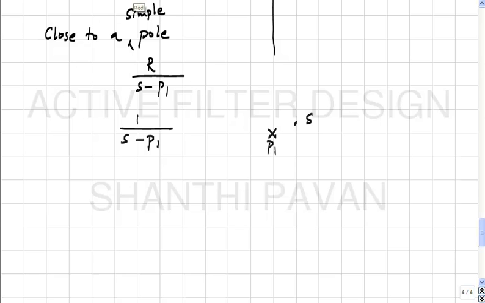I draw a vector from P1 to S. So this is nothing but S minus P1. Can you comment on the real part of 1 by S minus P1? What is the sign of 1 by S minus P1 as S goes around the pole? Okay, it depends on the angle. Very good.